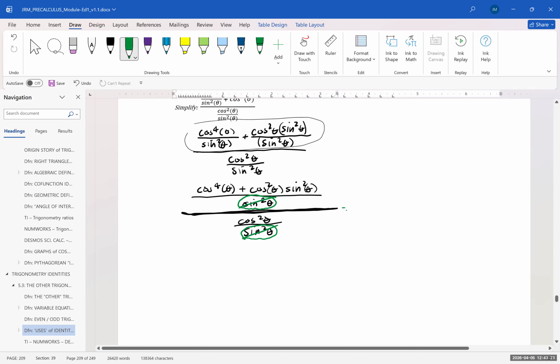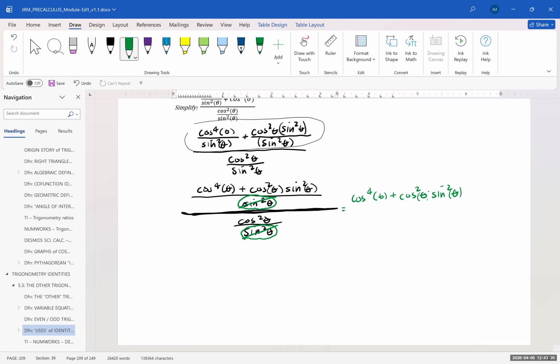That'll leave us with cosine to the fourth theta plus cosine squared theta sine squared theta all over cosine squared theta, like that. You can see this denominator of sine squared theta is gone from both the numerator and denominator of our compound fraction.